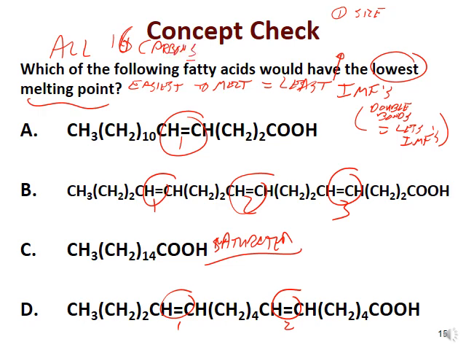So they're all the same size, basically. So if size, the number of carbons in the chain, doesn't work, then we look at polarity, but that's about equal, right? So then you have to look at unsaturation here.